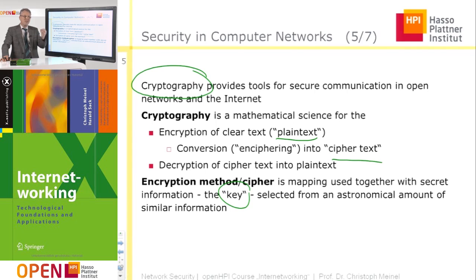By means of this key, which is something like a parameter, the encryption methods can be adjusted in such a way that even if the encryption method is publicly known, the sender and the receiver can trust that only they can use the method together with this key, so they encrypt the content in such a way that nobody else can get insight into this information.